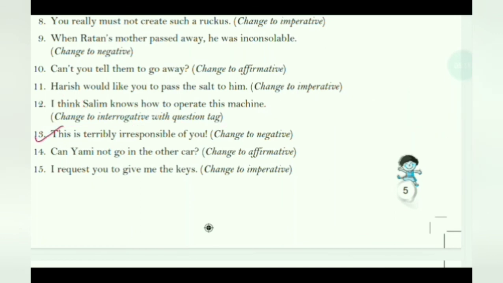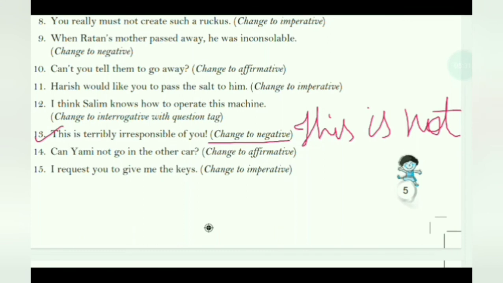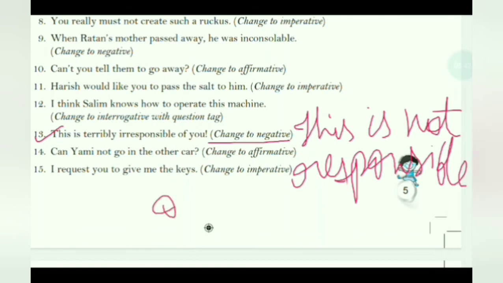The 13th is, "This is terribly responsible of you!" Change to negative. It would become, "This is not responsible of you," and a full stop at the end.